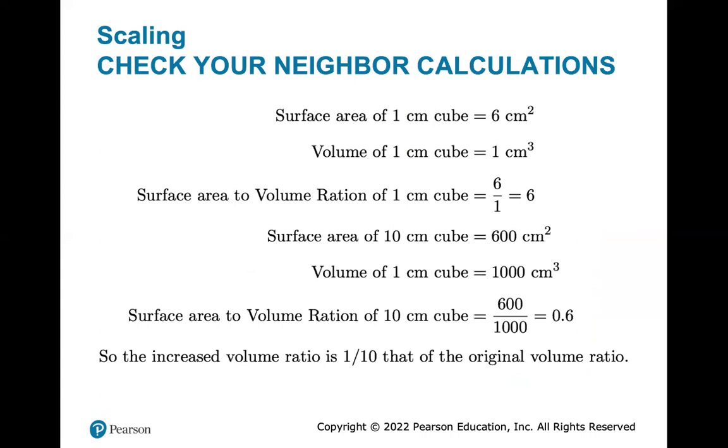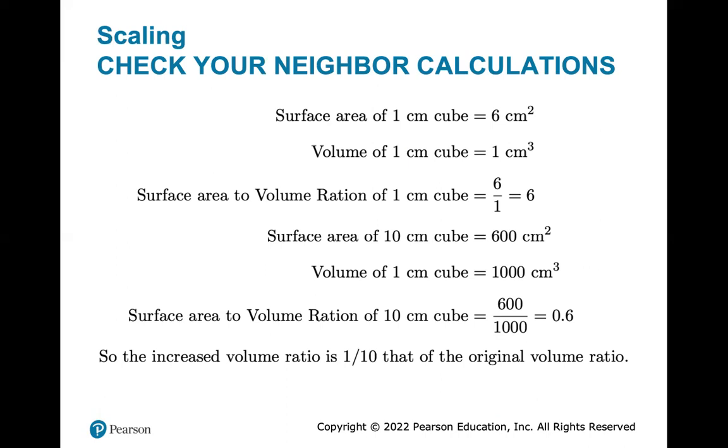The surface area of a 1 centimeter cube is 6 square centimeters. The volume is 1 cubic centimeter. And so the surface area to volume ratio is 6 to 1, or 6. Now the surface area of a 10 centimeter cube is 600 square centimeters.